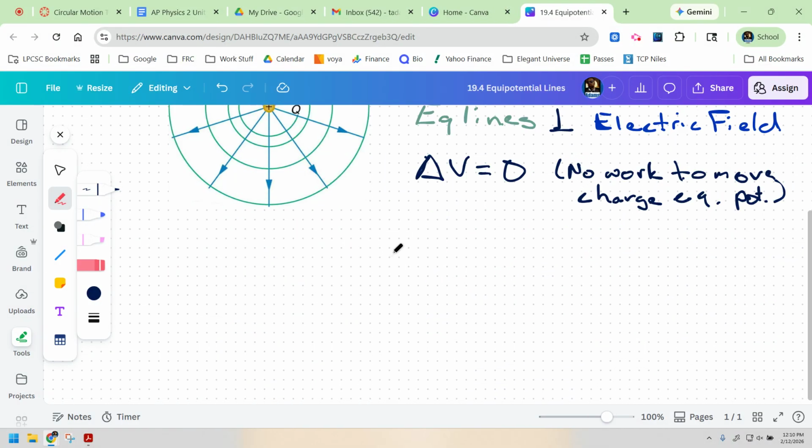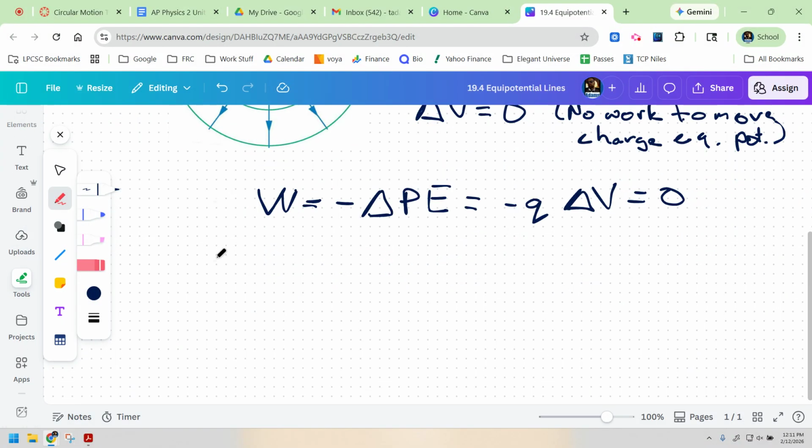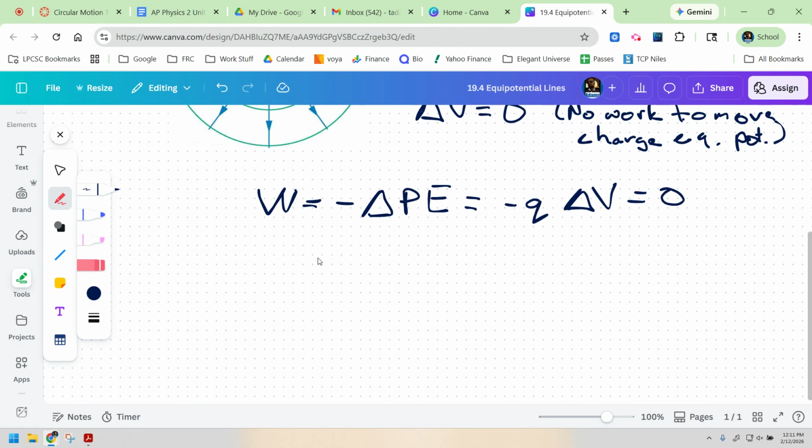So then now we're going to start deriving some formulas. So remember that work is equal to the negation of the change in potential energy, and also that is equal to the charge times the change in voltage. And then we're saying that this is equal to 0 because no work is needed. Since the force, so remember the work is 0 if the force is perpendicular to the motion.